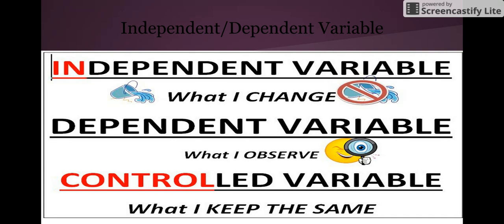Our dependent variable is what we are observing. What are we looking for? With our paper, wax, or aluminum parachutes, we were looking at how long it takes the parachute to drop to the ground. And then our control variable is what I keep the same. What did I keep the same? I kept my materials the same in our parachute experiment.